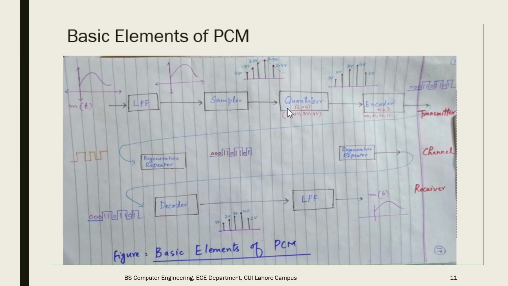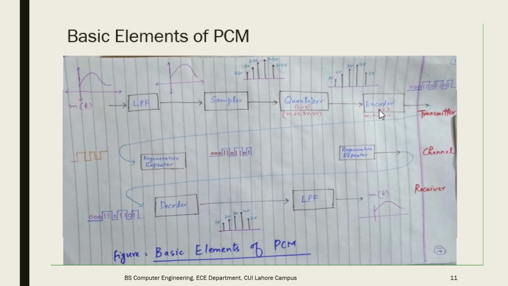The main function of the quantizer is that it converts the amplitude of this signal into discretized form, and now we have integer values at the amplitude axis. So this 1.2 volt will convert into 1 volt and 1.8 volt will convert into 2 volt. So it means we are basically introducing some error, but at the output of the quantizer we will get a signal which is not only discretized on the time axis, but now it is also discretized on the amplitude axis.